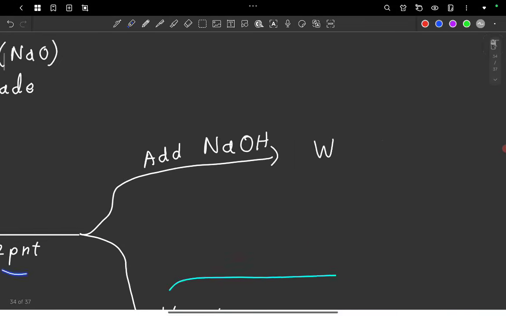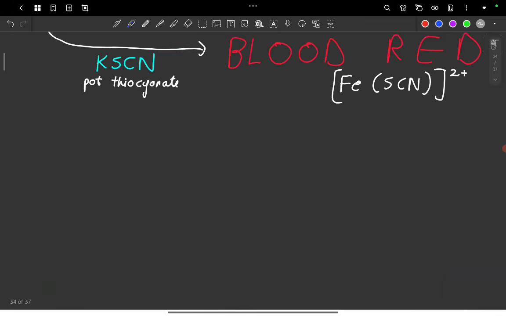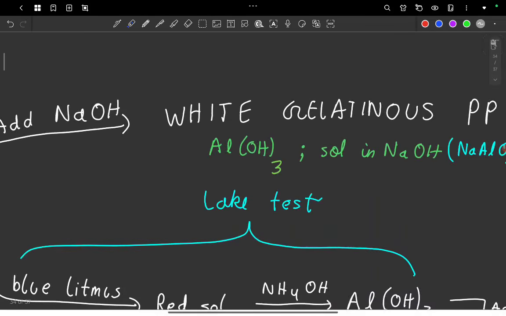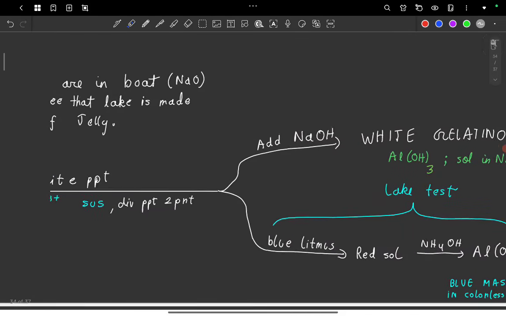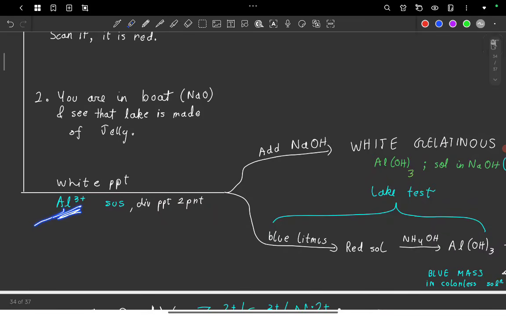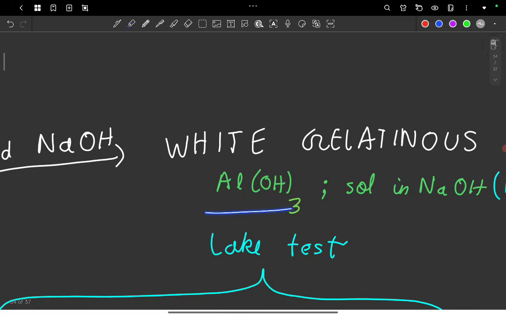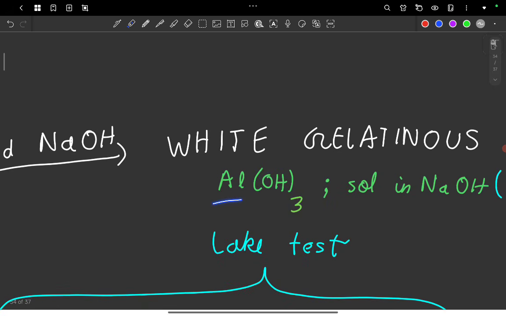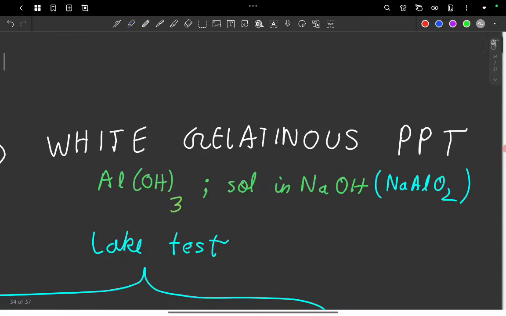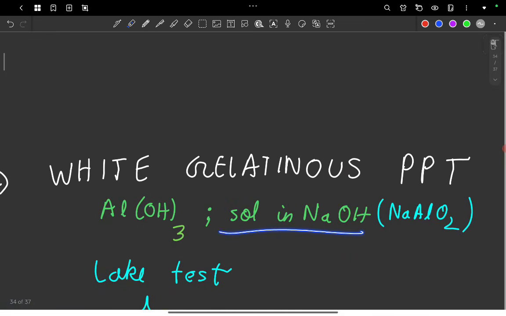So to the first part of the PPT, you add sodium hydroxide and the hydroxide ions displace whatever was with the Al3 plus and come in place of it. Okay. And this forms aluminum hydroxide, and it is soluble in sodium hydroxide.